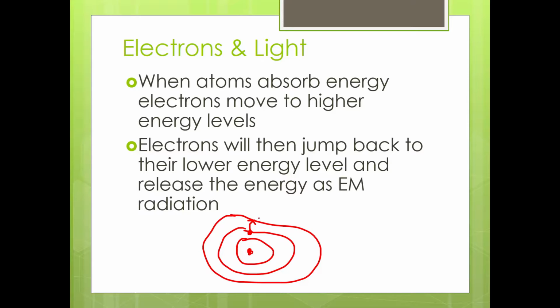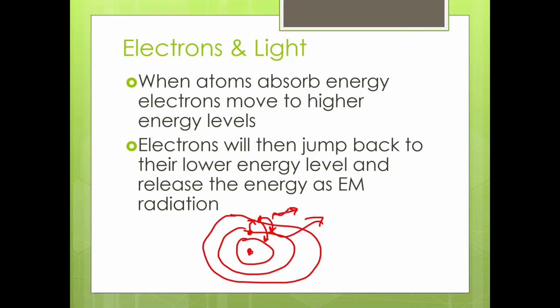And then once it's there, it could drop down to here, or it could drop down to here. And regardless of where it drops down, it's going to release a bunch of energy. Okay. Depending on how far it falls, it'll release more energy. If it falls down only one step, it'll release less energy. But the idea is that when it falls down, it releases energy.